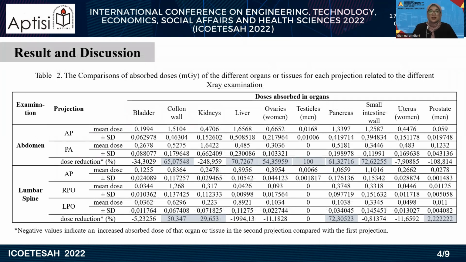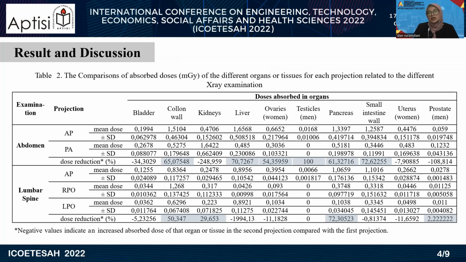The result and discussion. Table 2 below shows a comparison of the absorbed dose from the organ or tissue which is significantly different for each projection associated with the different X-ray examination projections. According to the result of this study, a significant reduction in absorbed radiation dose and radiation risk was observed more in the PA position than in the AP position for abdominal radiograph.